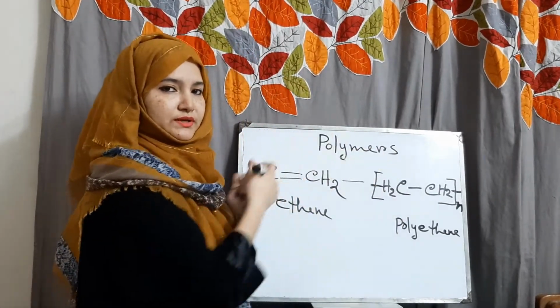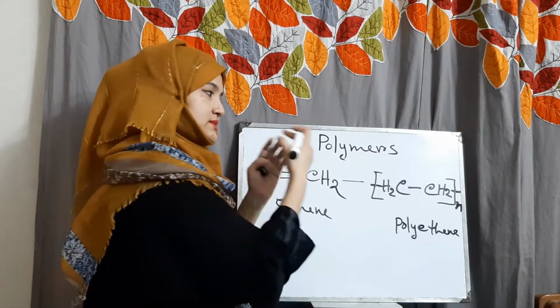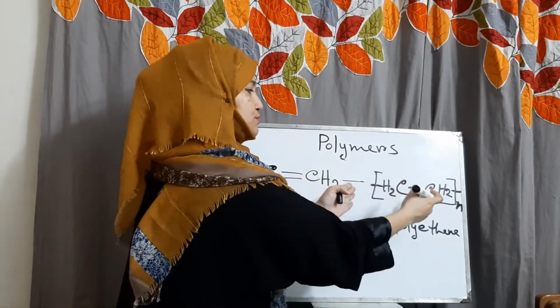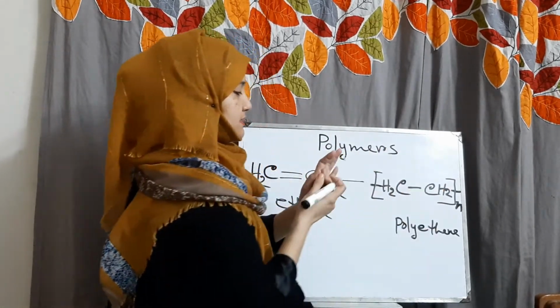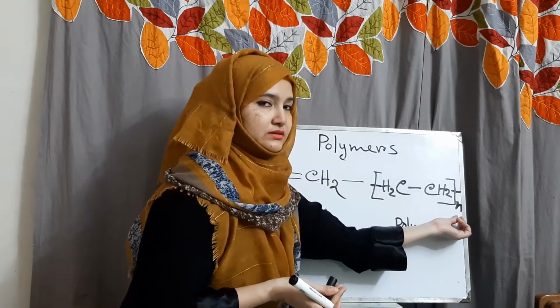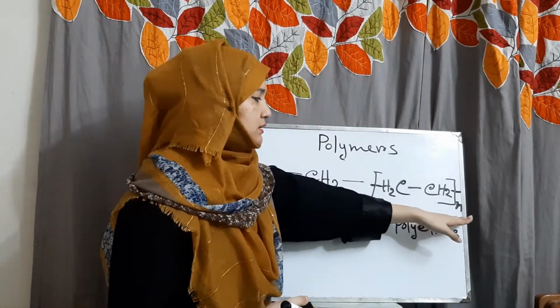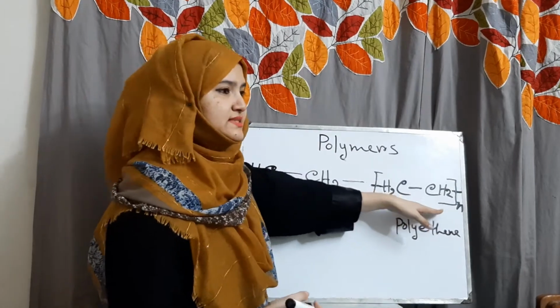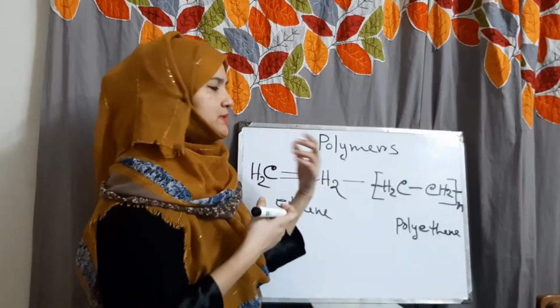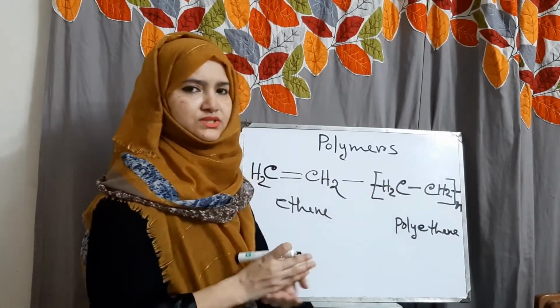This is the polymer. This is the way to represent a polymer. This n can be varied. It may be 2000 or 20,000, and on this number the strength, the density, the durability of the polymer depends.